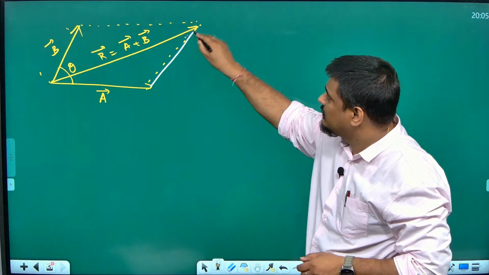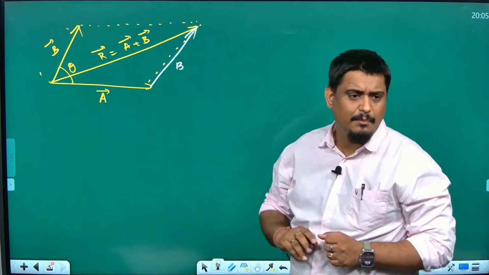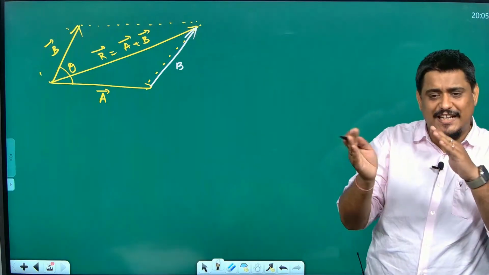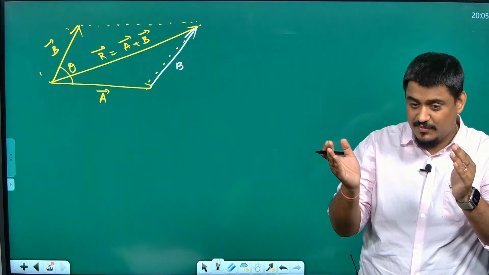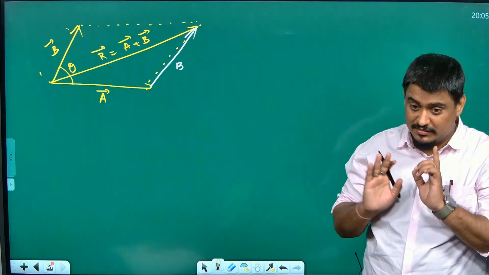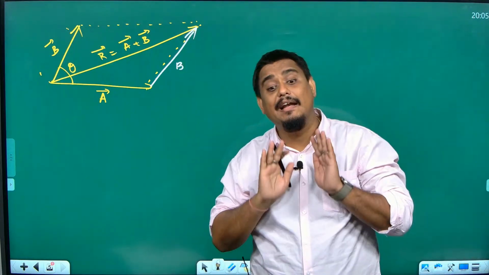If this is B, this will also be B, because in a parallelogram opposite sides are equal. I am just talking about the magnitude now, not the vector.